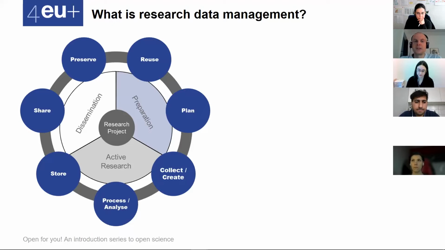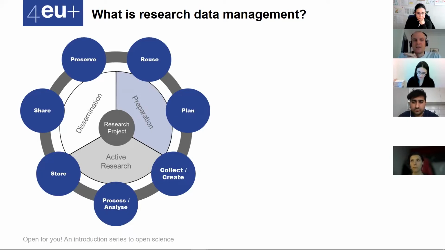In the active phase of research, you start out usually with collecting or creating some kind of material or data. You can do that yourself, or maybe you get the data from a collaborator, from another source. Process and analyze your research data often in multiple ways, many different steps, back and forth.